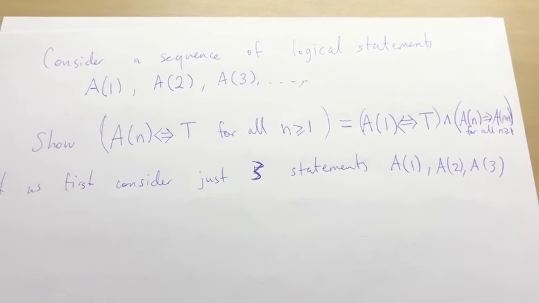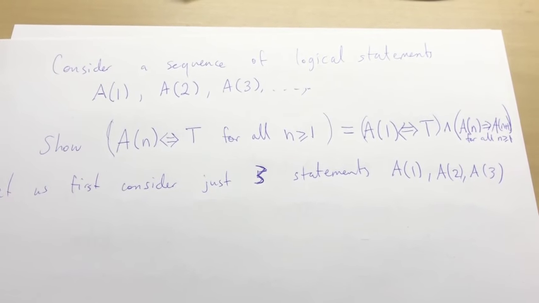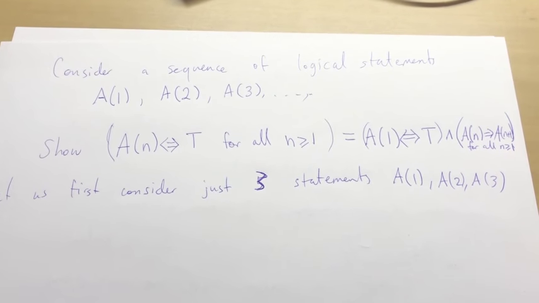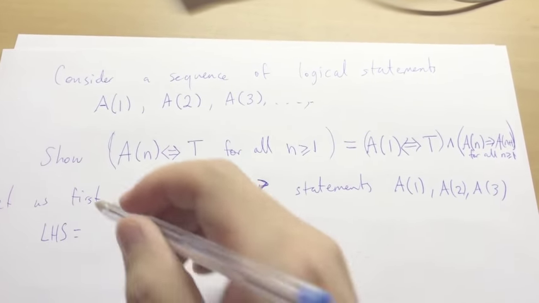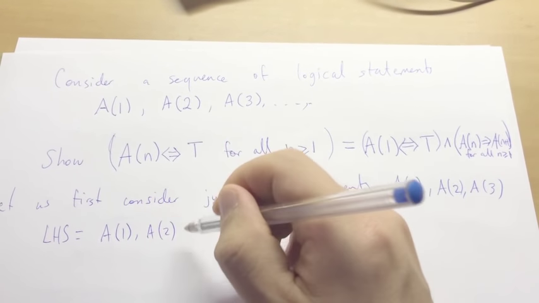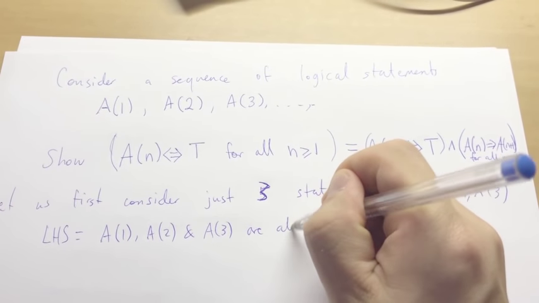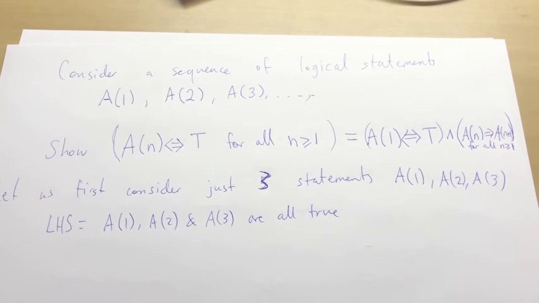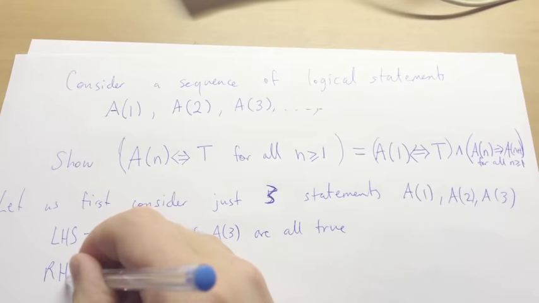And so what is this statement saying now? If we were to show the analogous thing for 3 statements, the left-hand side is saying that A1, A2, and A3 are all true. That's all the left-hand side is saying.